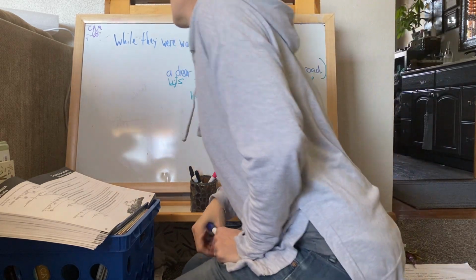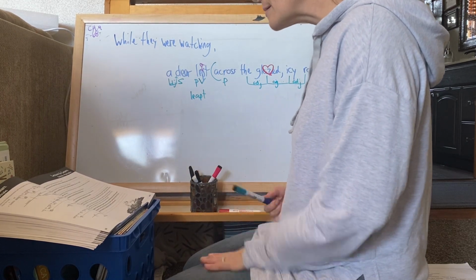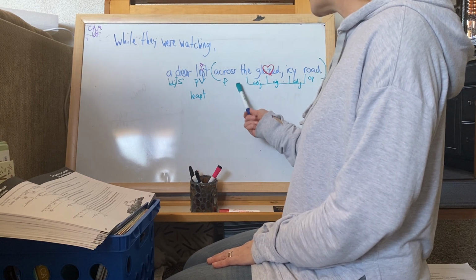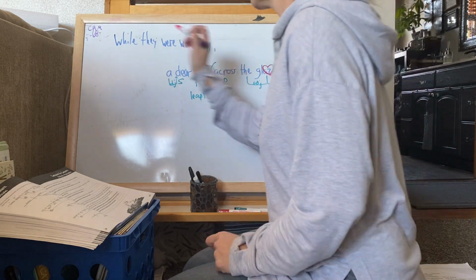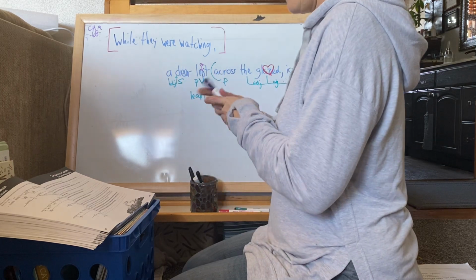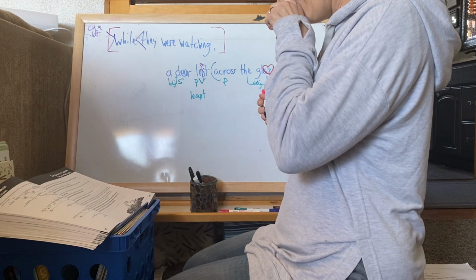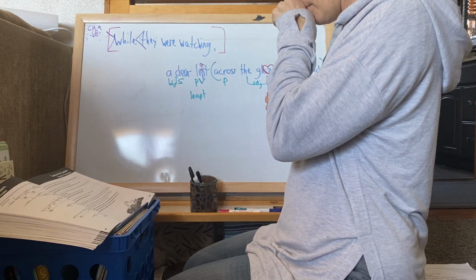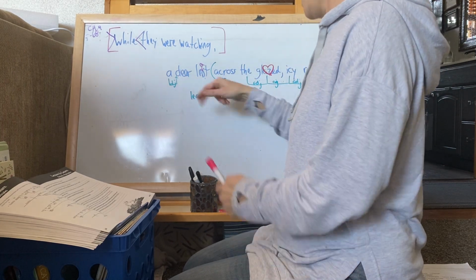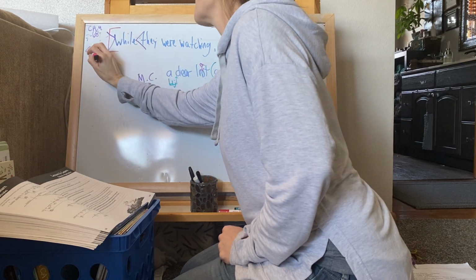Oh. All right. So, wait a second. It looks like we kind of jumped ahead of ourselves. This is a prepositional phrase, but look here. This is our clause. Because while is a conjunction, right? Yes. So listen guys, I led you astray. Because this is the main clause. This one is a subordinate clause.